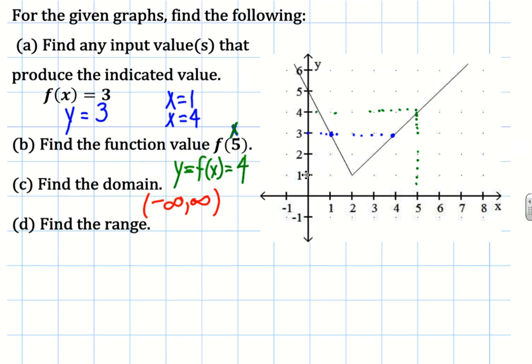Whereas on the range, we have the y-axis, and notice that it goes down to 1 and then out. So this would be 1, and that would be a bracket to infinity.